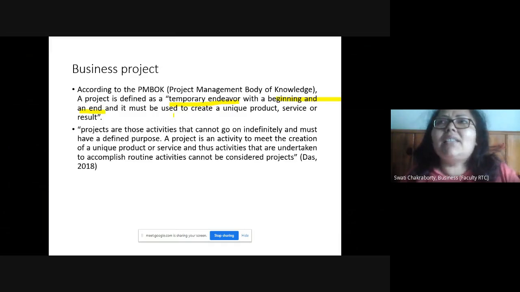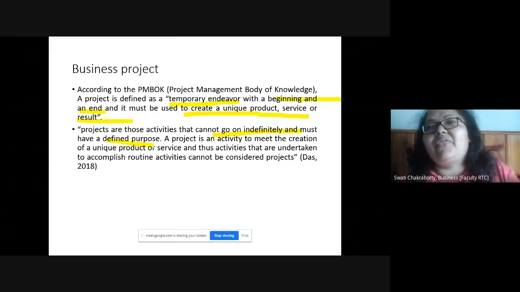This process is used to create a unique product or service, or to come up with a result. Projects are activities that cannot go on indefinitely; they are time bound and have a predefined purpose.